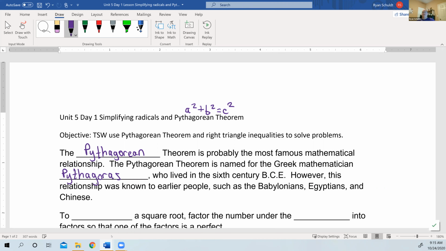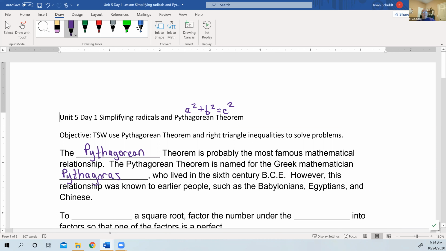However, this relationship was known way before him. The Babylonians knew it, the Egyptians knew it, the Chinese knew it, but as with all things math, he was the first one to be able to prove it.